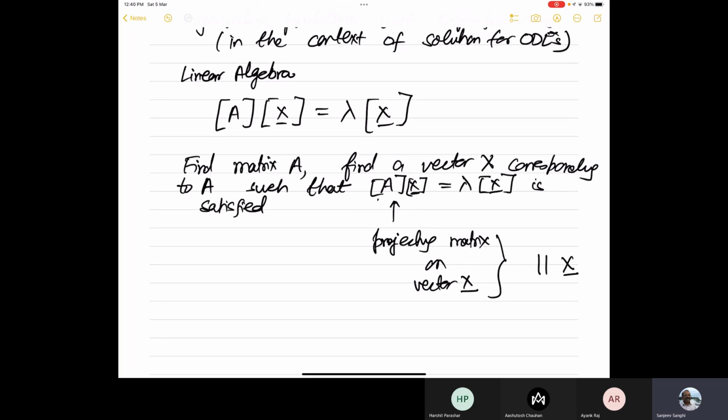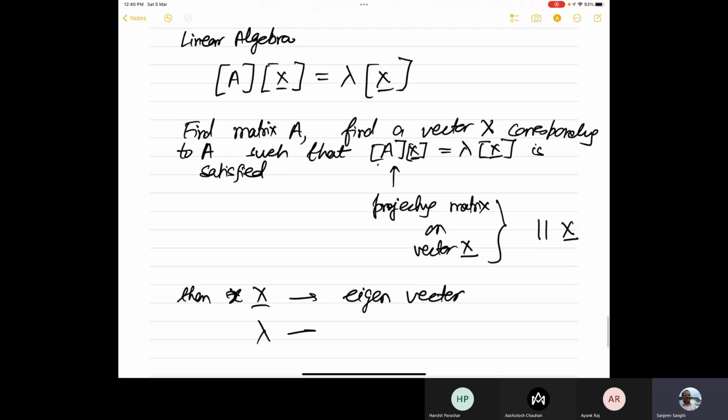And if this happens, then this vector x is what we call the eigenvector. And the scaling which we get, this lambda, which scales the vector x. So lambda is the scaling or magnification of x. This is called the eigenvalue.